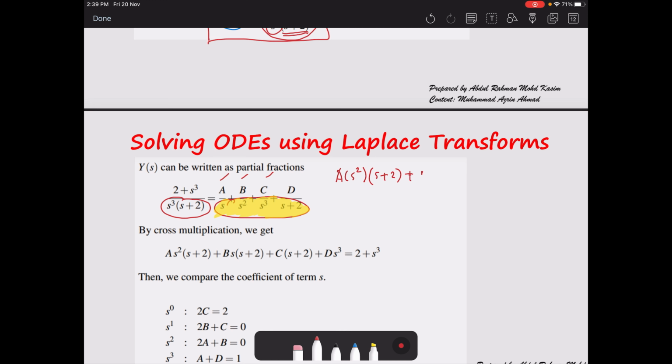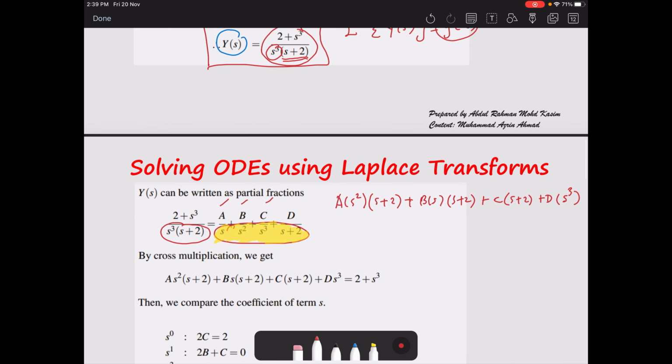What about B? Since B already has s square, we need to multiply with s, and we also need to multiply with s plus 2. While for C, we already have s cubed, so we just need to multiply with s plus 2. And then for D, since we already have s plus 2 over here, we need to multiply with s cubed.